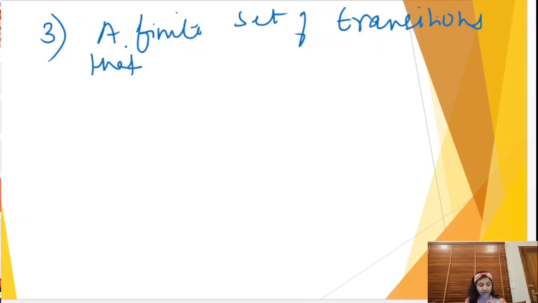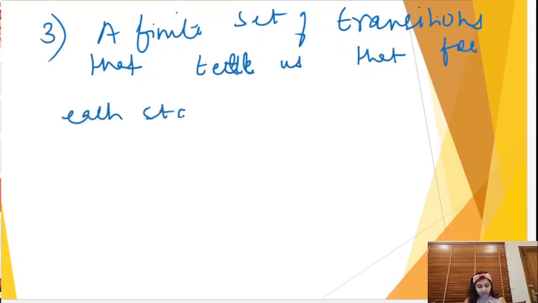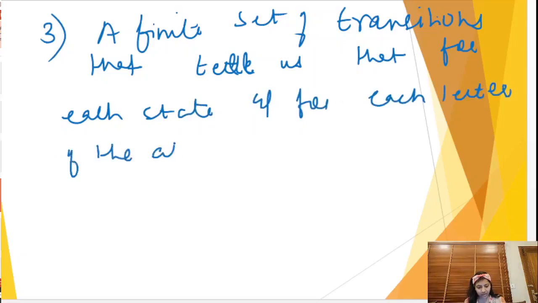that tell us, for each state and for each letter of the alphabet, which state to go to next.